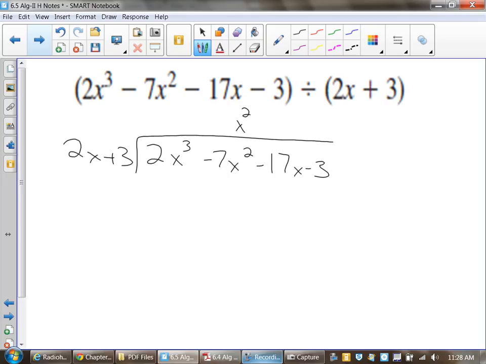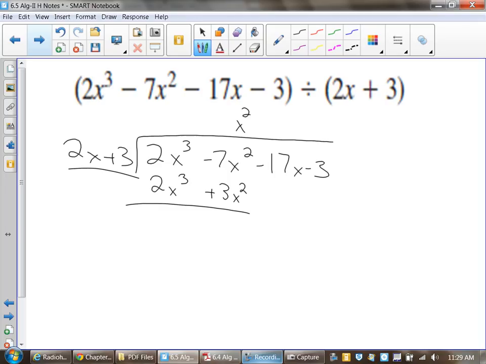Okay? Now, just like you did before with long division, I would take 2 times 12, and I got 24. Now I'm going to take this x squared and multiply it times 2x plus 3. X squared times 2x is 2x cubed. X squared times 3 is positive 3x squared. What do you think I do now?